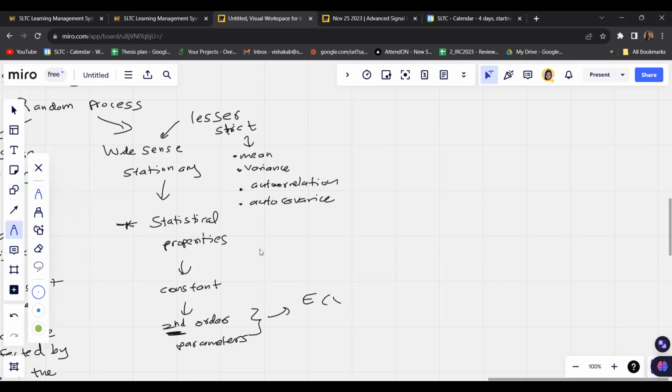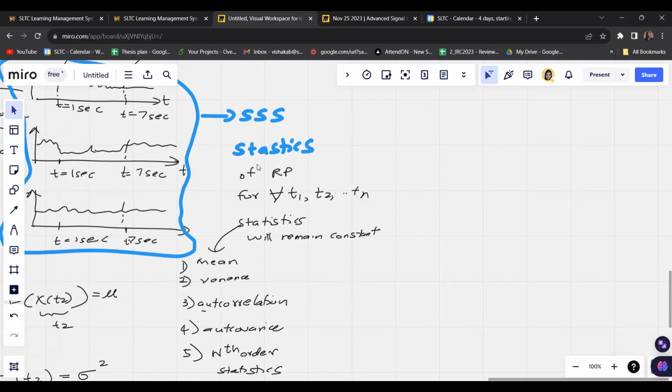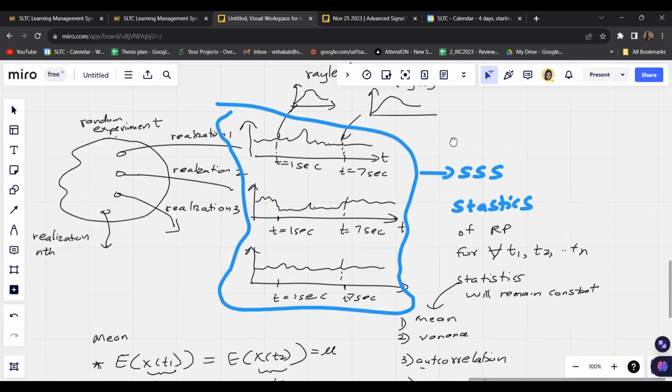So we can say the expectation of xt equals mu, for all time instances t1, t2, t3 likewise. For all the time instances, the mu value that we can obtain will be the same, right? I think we discussed this using this diagram earlier also. If you want to look at it, you can.